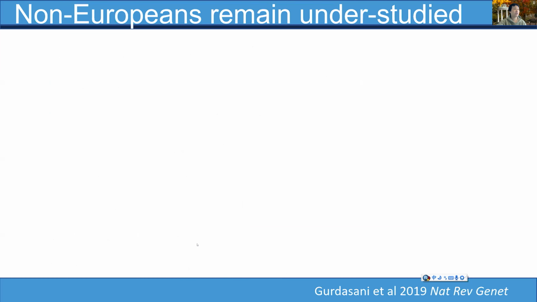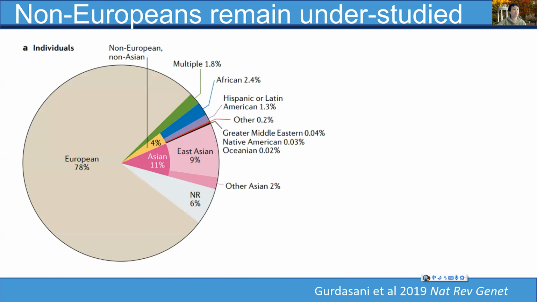So as we know, although GWAS have been hugely successful, the vast majority of genetic association studies have been focusing on European ancestry individuals. So here's a pie chart figure from about 3 years ago, Nature Reviews Genetics. As you can see, only 22% of the GWAS participants are from non-European ancestry individuals.